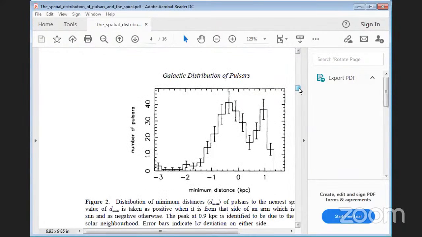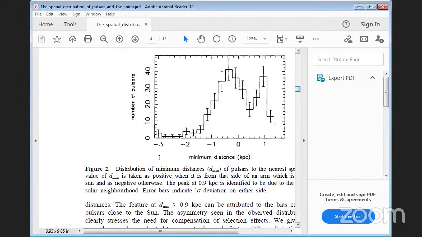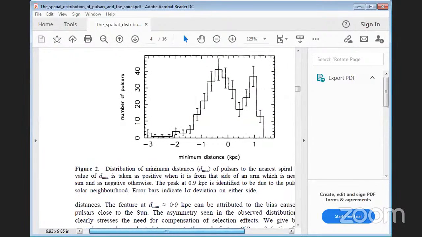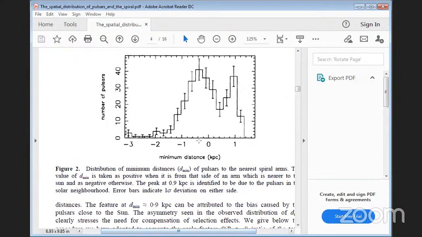And you can construct the distribution of pulsars. And here, I think I will come to that later. So this is the minimum distance from the nearest spiral arms that one sees in the sample that one has.